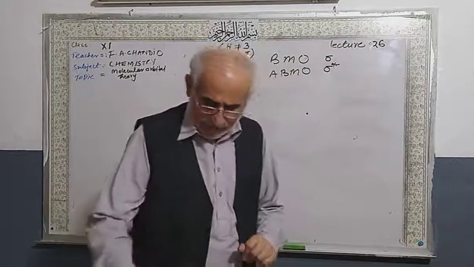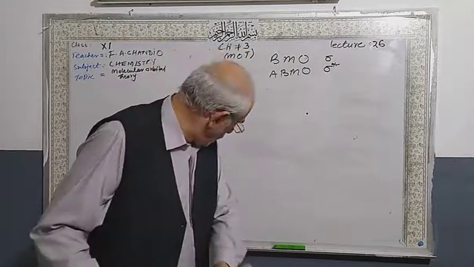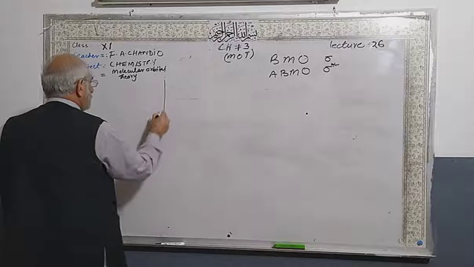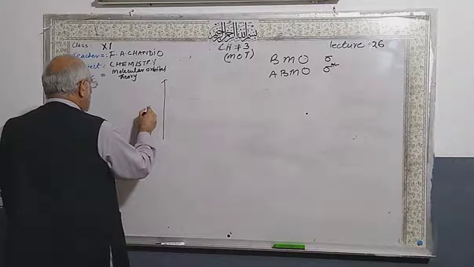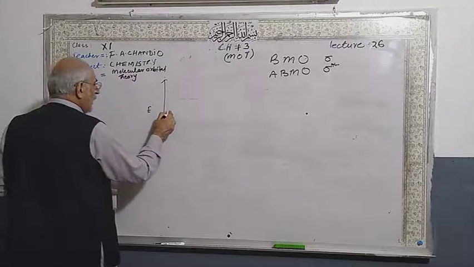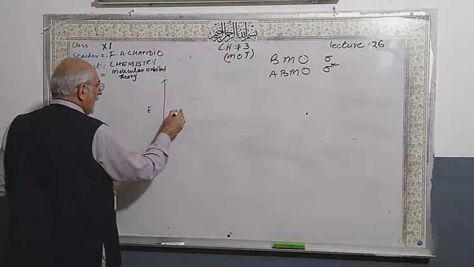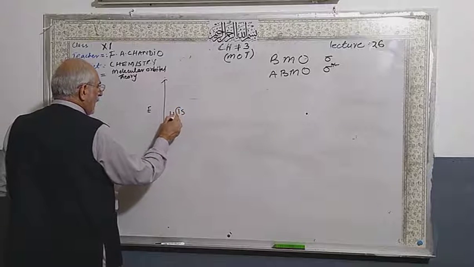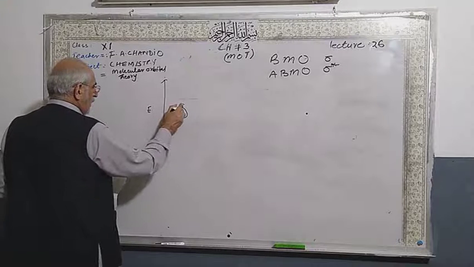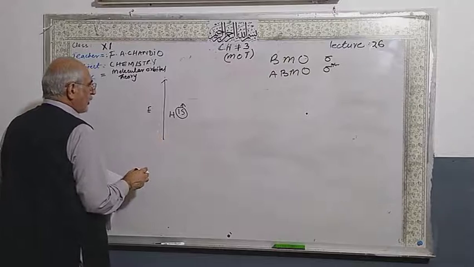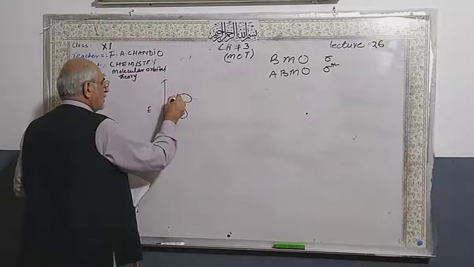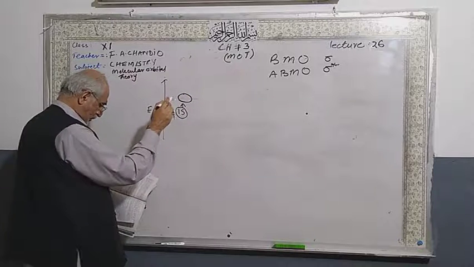So students, there is a diagram. If you see this diagram, you can see from this example that energy increases from bottom to top. Suppose you have a hydrogen atom with atomic number 1 and electronic configuration 1s1, which has a spherical shape.